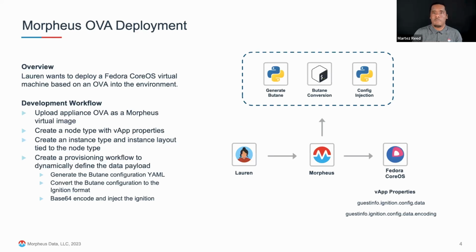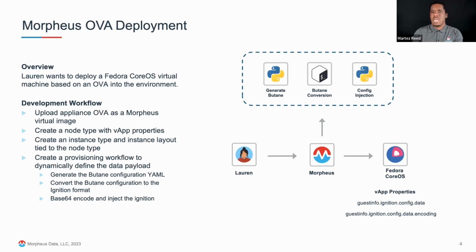In this case, it'll be base64. And so we need to pass the data. The data being injected into the CoreOS OVA is the configuration for this particular appliance. In the case of CoreOS, its specific syntax and language is what is referred to as Butane.